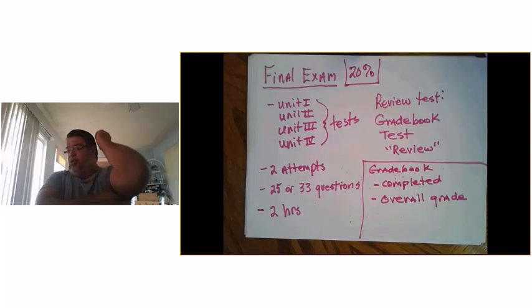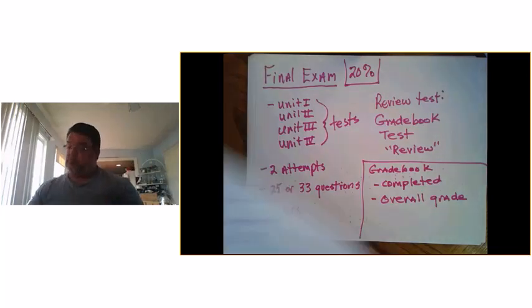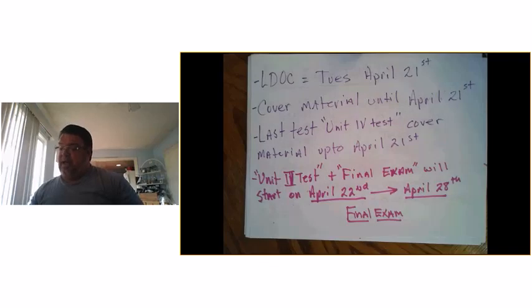So I want to go over this again. Last day of class is Tuesday, April 21st. I will cover material until April 21st. The last test, which is called the Unit 4 test, will cover material up to April 21st.